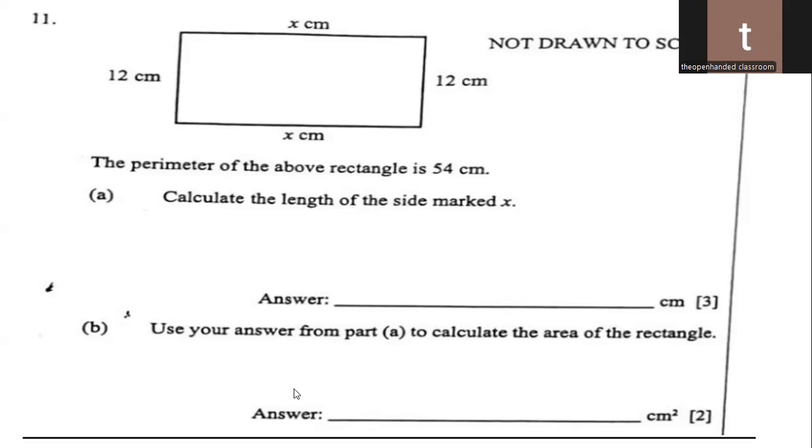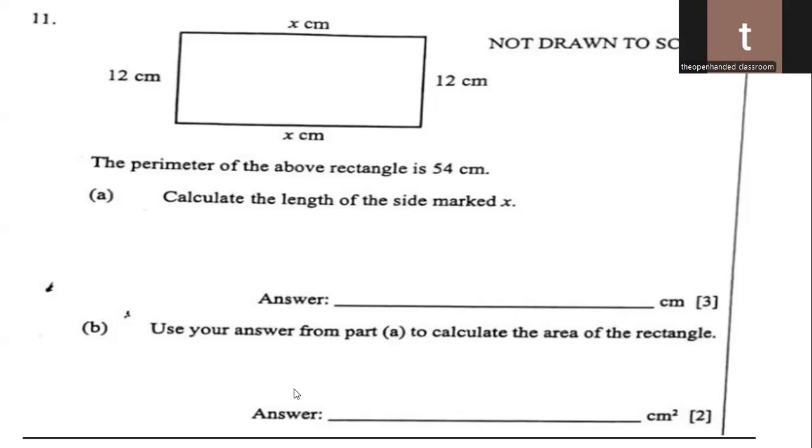How are we gonna figure out x? This is how I began writing it on my paper. X centimeters plus 12 centimeters plus 12 centimeters plus X centimeters equals 54. And I put X plus X equals 2X, plus 12 plus 12 equals 24, equals 54.